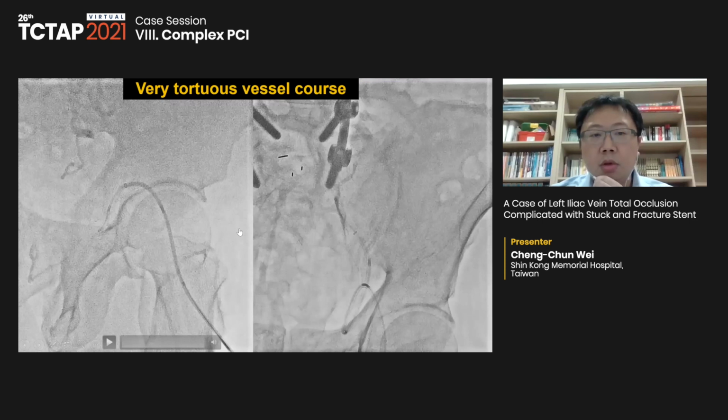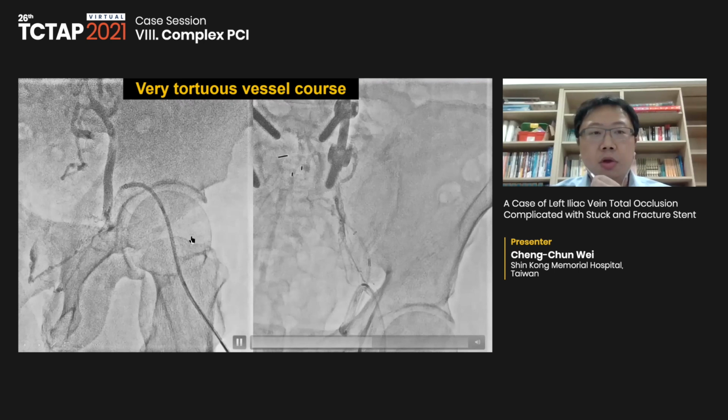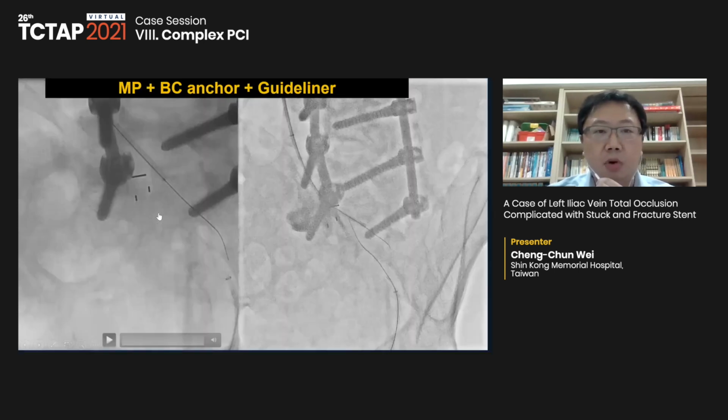I tried to perform a bidirectional approach, and I used a multi-purpose guiding catheter with guide liner support and balloon catheter anchorage. After some effort, the wires overlapped.